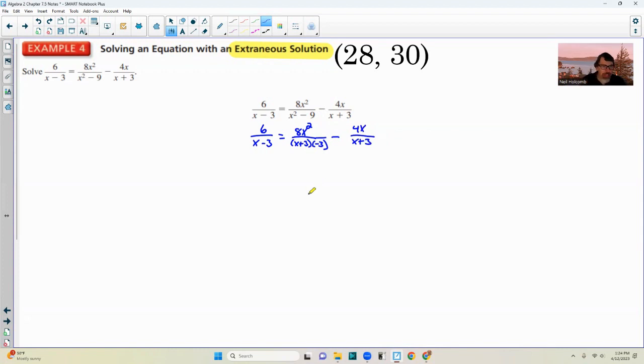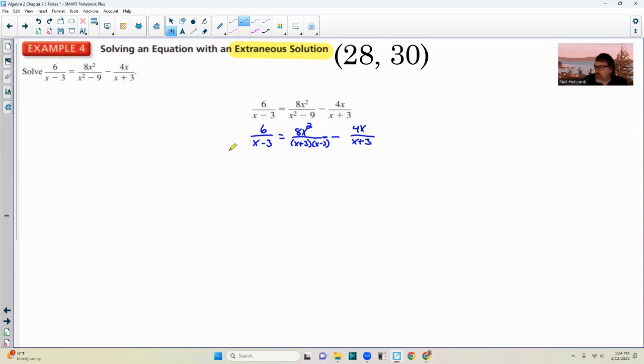Now when I look at this, I have an x plus 3, I have an x minus 3, and I have an x minus 3 again here. So I have an x plus 3 and x minus 3, and that's all we have for denominators. So if we have both, we have our common denominator.